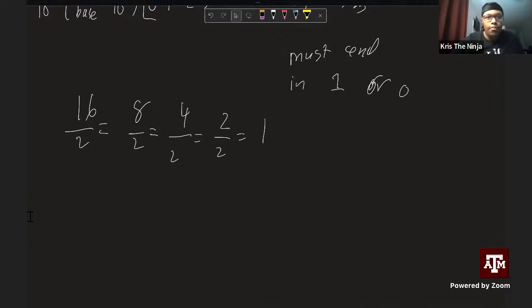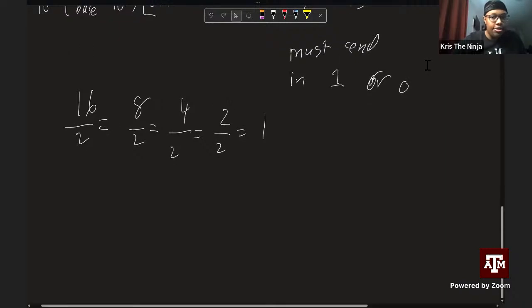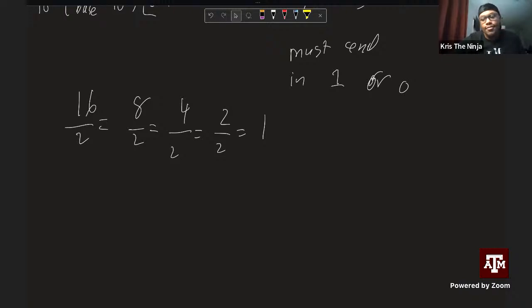That's just how binary works. There's not much I can do to change that. I wish I could, but that's just not how binary math works. Sorry for all you math nerds and two enthusiasts out there. But as you can see here, it took us 4 divisions to get 16 down to either 1 or 0.